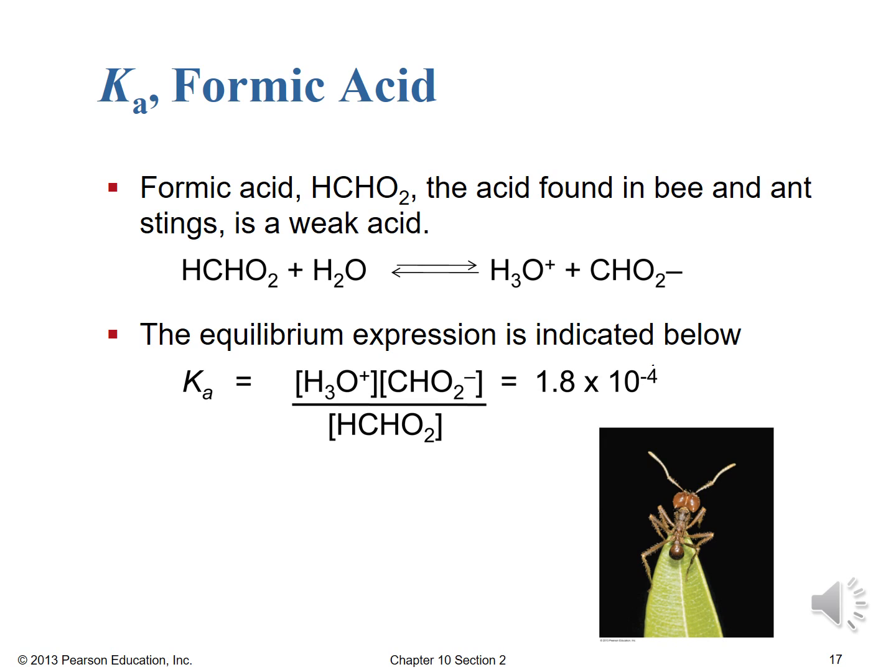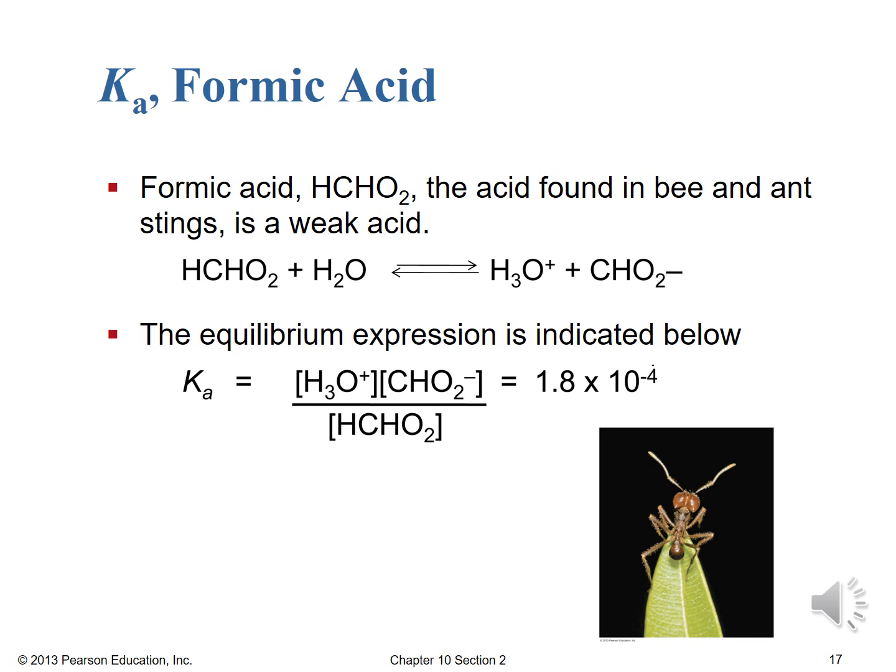These are both very small values, but they are essentially the same. And then finally, the amount of unreacted HCHO2, the formic acid that just stays as molecular formic acid, is going to be present in the greatest amount, and we end up with a Ka in this case of 1.8 times 10 to the minus 4.